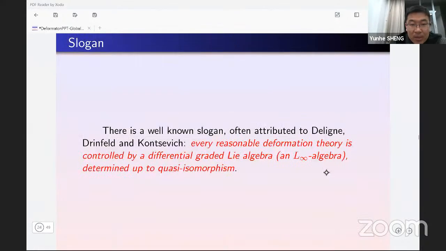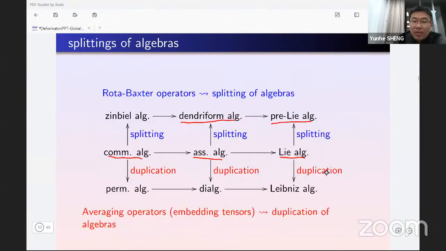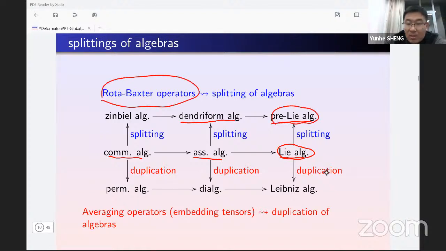Here there are nine algebras, and this splitting can be lifted to the level of operads. For Rota-Baxter operators, if you consider the operad of the algebras and then consider the splitting, you will obtain the operad of pre-Lie algebras. Actually, Rota-Baxter operators play such a role.